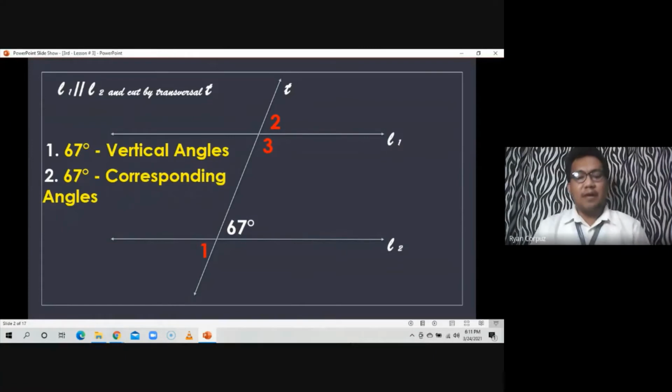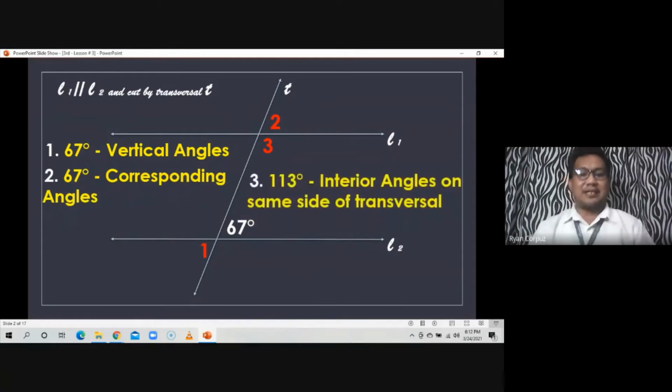Next, the measure of angle 3 with regards to the given angle of 67 degrees. The measure of angle 3 is 113 degrees. Why? Because the relationship of the given angle 2 and angle 3 is that they are called interior angles on the same side of the transversal.